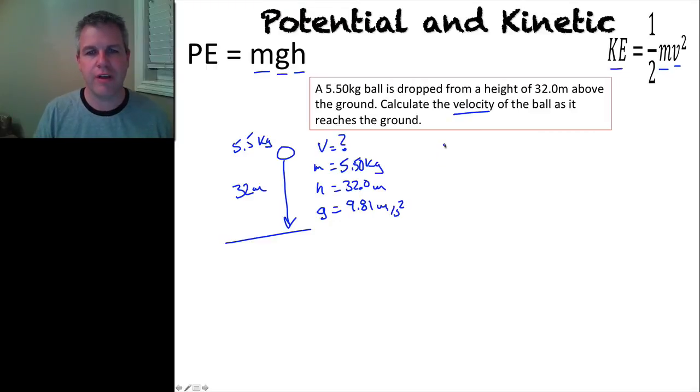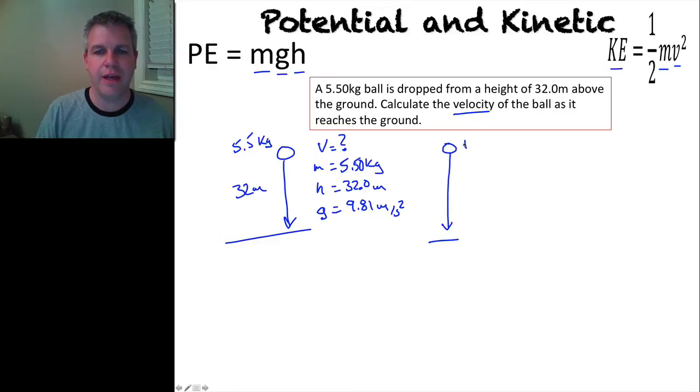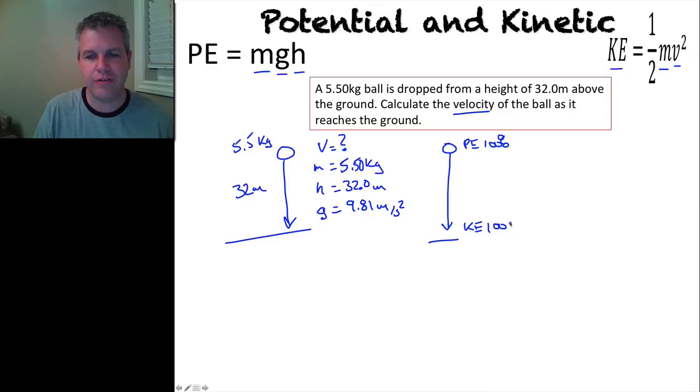Again, if I draw that picture that we did in the last video, I know that when the ball is at a height before it's dropped, its potential energy is going to be 100% and its kinetic energy is going to be 0. Then when it reaches the ground, it's going to have kinetic energy of 100%.